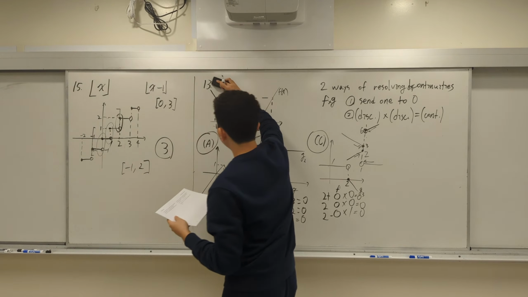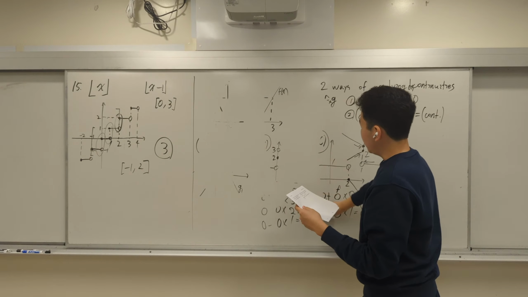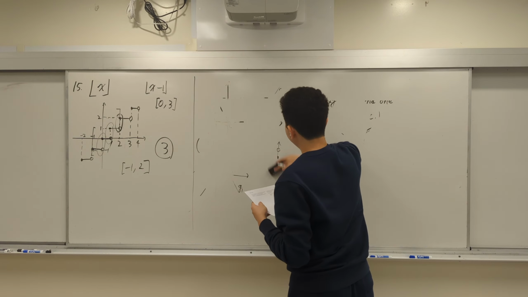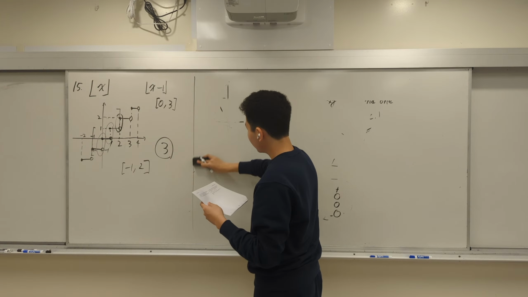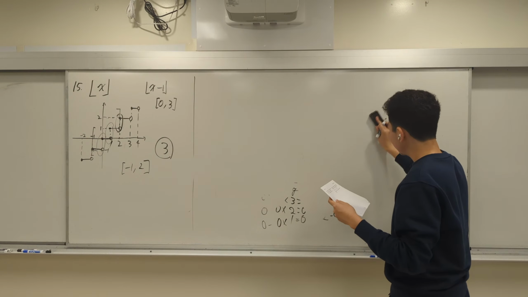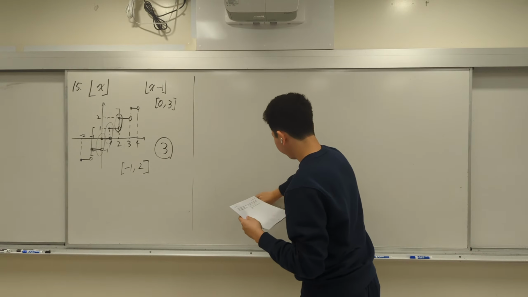Ooh, number 16. Function f of x is continuous on the set of all real numbers, and on the closed interval -1, 3, f of x is defined as follows.